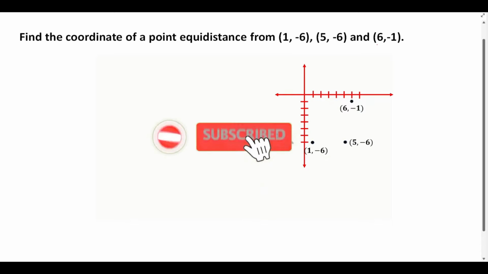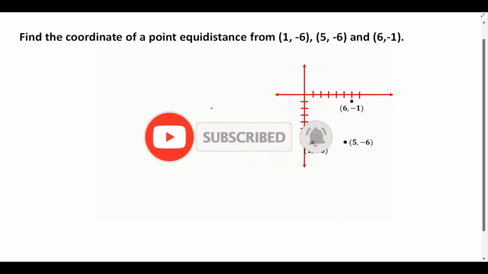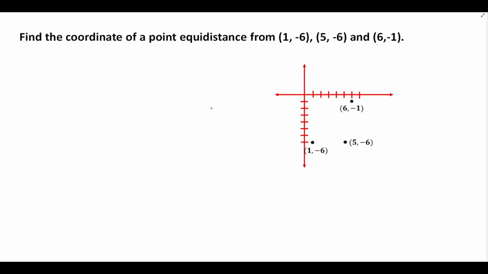Okay, so let's have this problem. To find the coordinate of a point equidistant from these given points, (1, -6), (5, -6), and (6, -1).